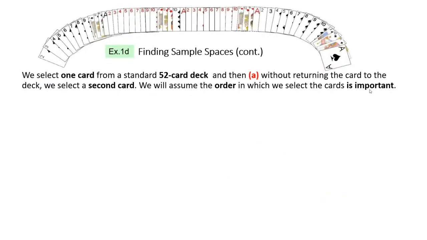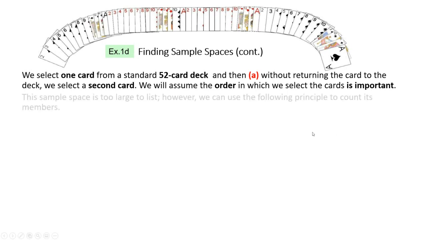The situation with the standard card deck is more complicated because there are 52 cards, and listing all the outcomes can be difficult. In our experiment, we select one card from a standard 52 card deck, and then without returning a card to the deck, we select the second card, assuming that the order in which we select the card is important.